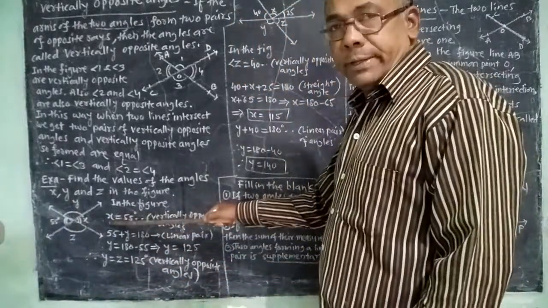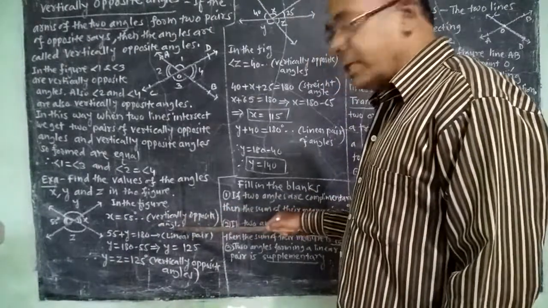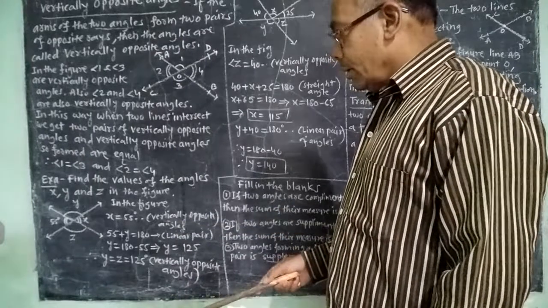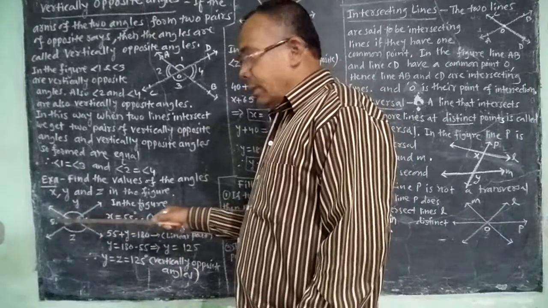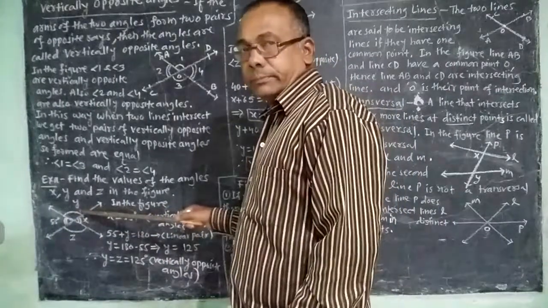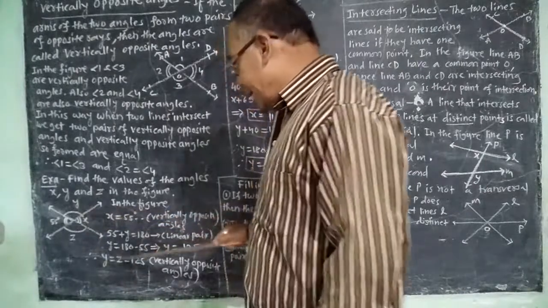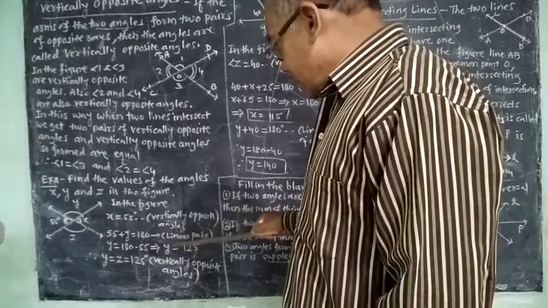So here I have written x is equal to 55 because they are vertically opposite angles. I have given the reason here in the bracket. Now we know that 55 and y are a linear pair, and the sum of these two angles must be 180 degrees. So 55 plus y is equal to 180.